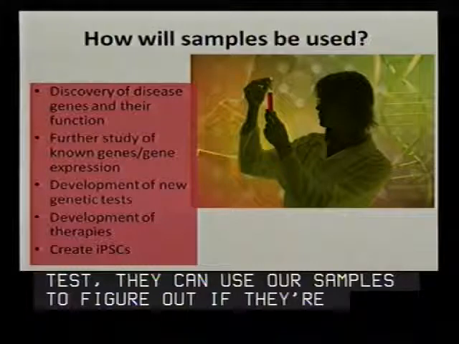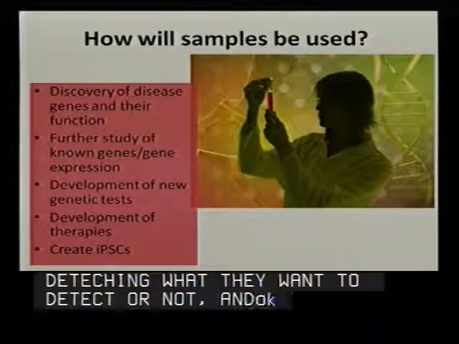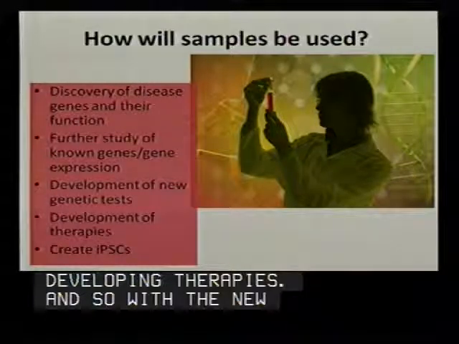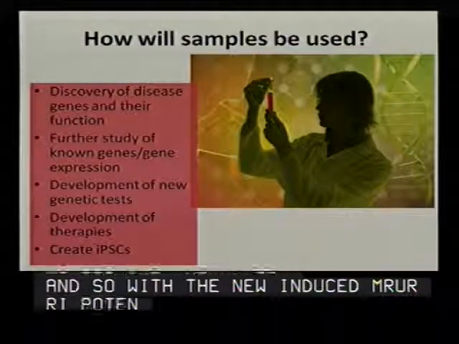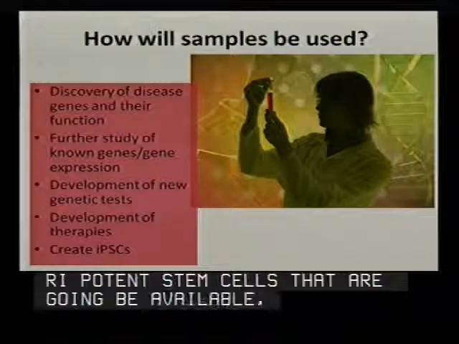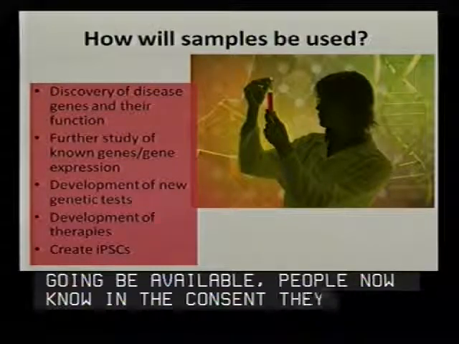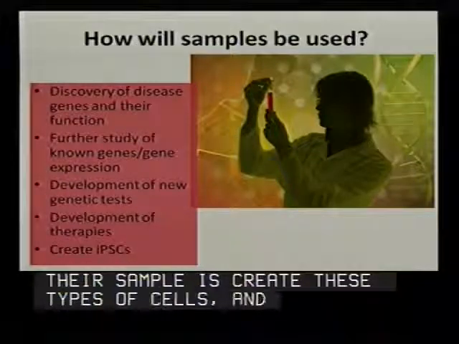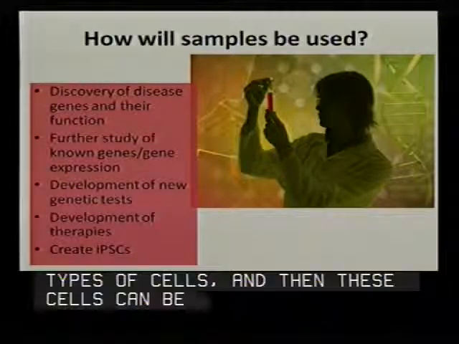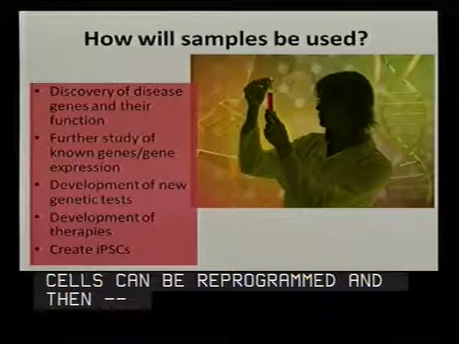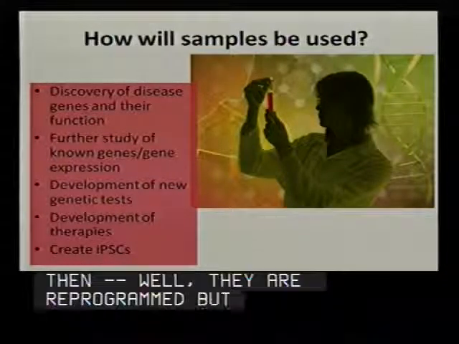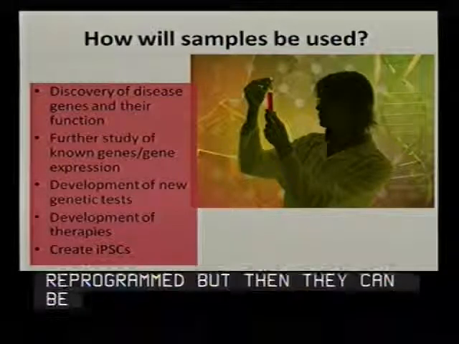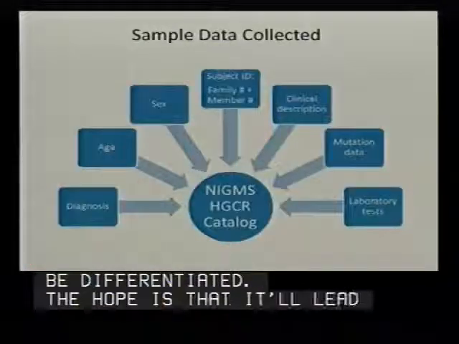And then developing therapies. With the new induced pluripotent stem cells that are going to be available, people now know in the consent they sign that one thing that we might do with their sample is create these types of cells. These cells can be reprogrammed, and then differentiated into the cell type of interest to study and tested with various drugs. And ideally, the hope is that it'll lead to a therapy.